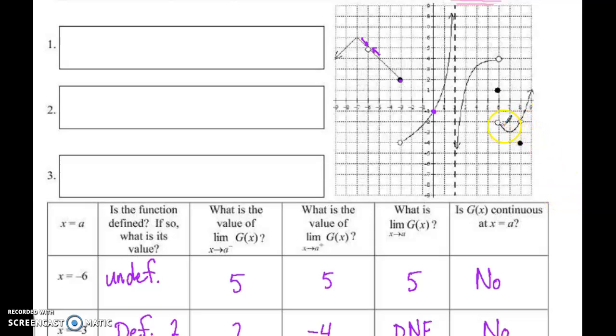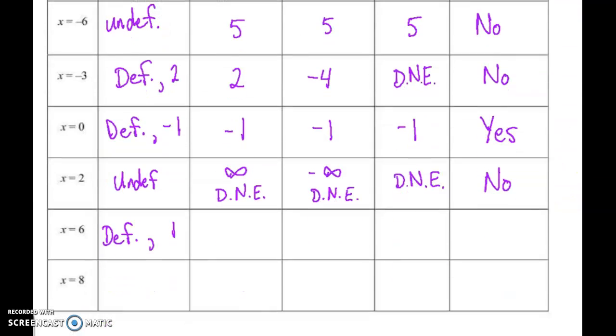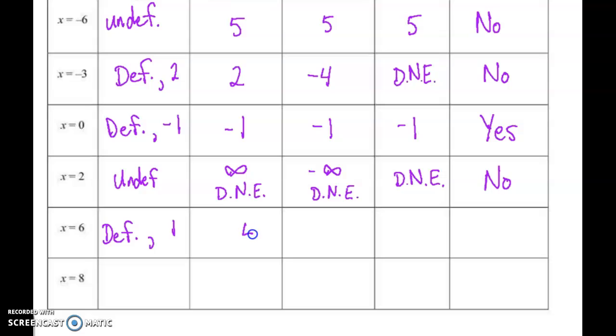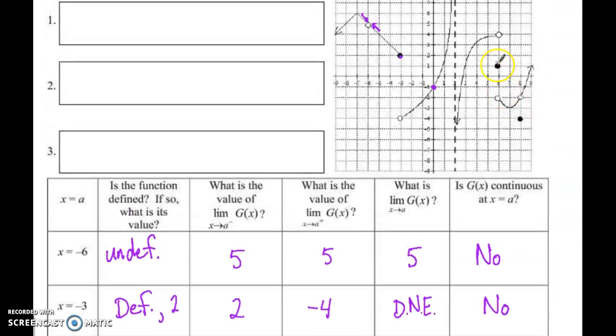On the right side, looks like it's getting closer to -2. 4 on the left side, -2 on the right side. These two values are not the same, so the limit does not exist. Well, I haven't really explained the calculus definition, but these are the pieces we're looking at. But from pre-calculus, you should have been able to say that no, it's not continuous. There's definitely a jump in the graph.